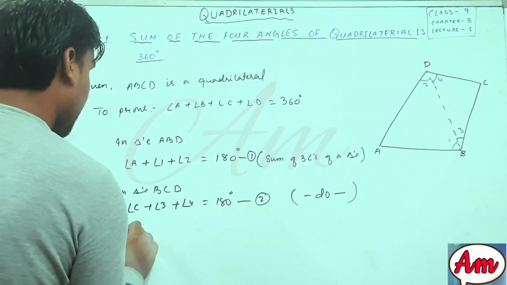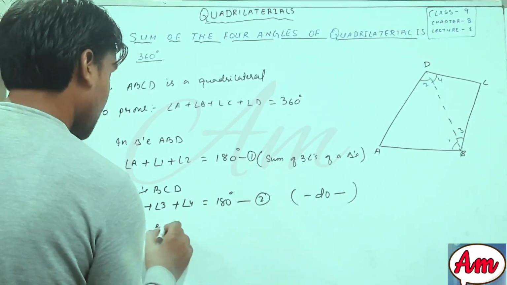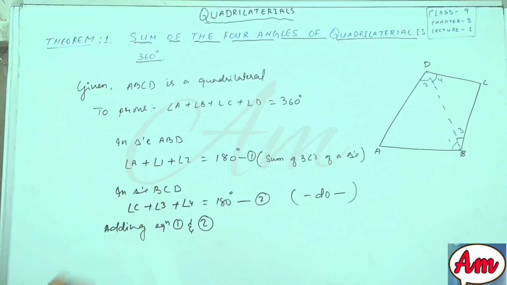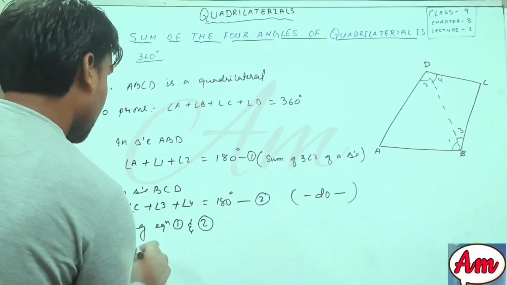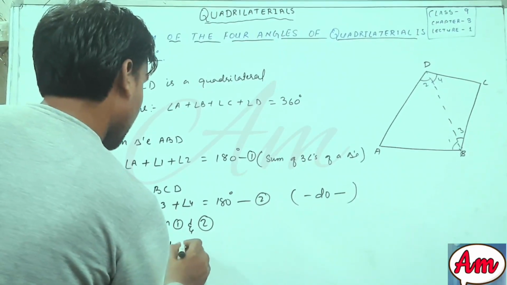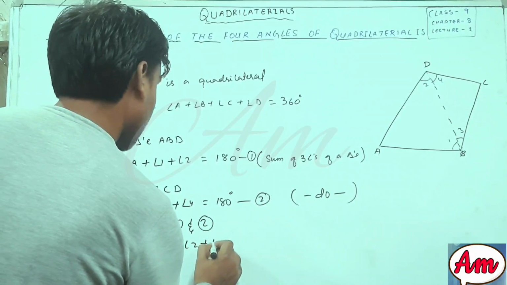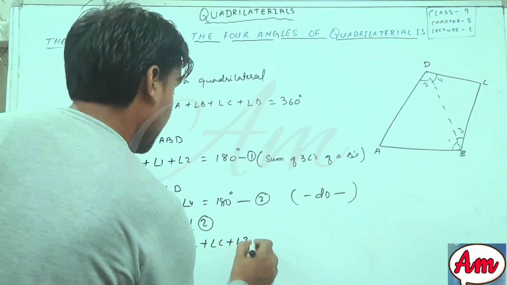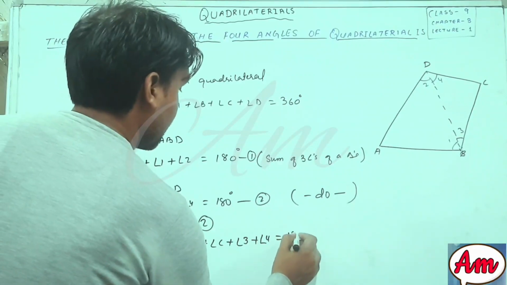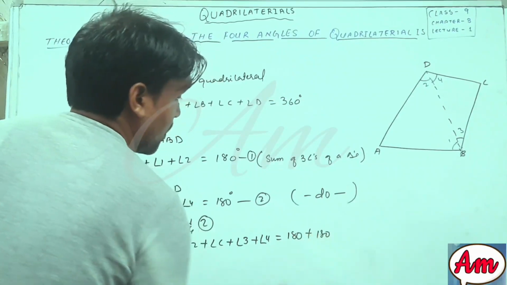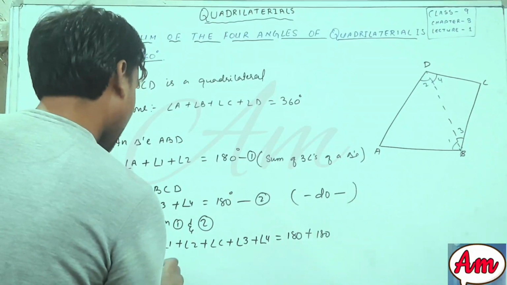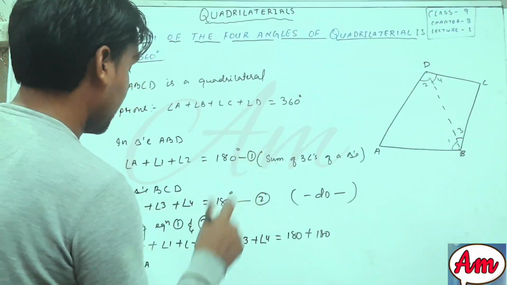So we'll write here, adding equations 1 and 2. When we add equations 1 and 2, we get angle A plus angle 1 plus angle 2 plus angle C plus angle 3 plus angle 4 equals 180 plus 180. So angle A stays as it is. Now you see, angle 1 plus angle 3 is how much?